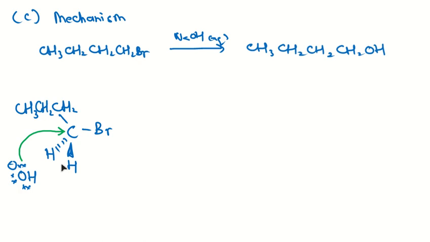The nucleophile attacks from the back of the molecule with respect to this halogen atom. And the nucleophile attack goes in at the same time as the halogen atom leaves. So we will first have the transition state.